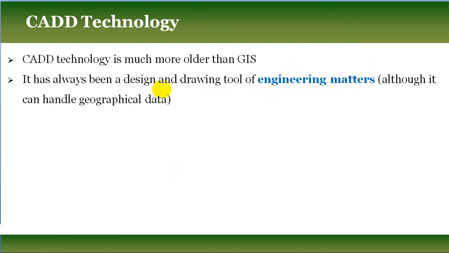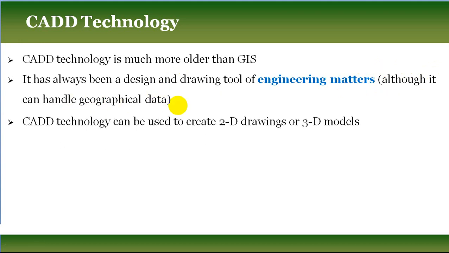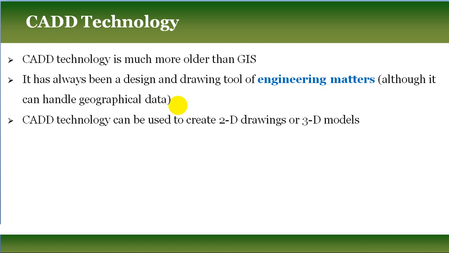But as you know, in a lot of cases engineering drawing also needs geographical data. So for that reason CAD technology can also handle geographical data. It is capable of handling geographical data. Yes, it is true. CAD technology can be used to create two-dimensional drawings or three-dimensional engineering models, building models, machine models.